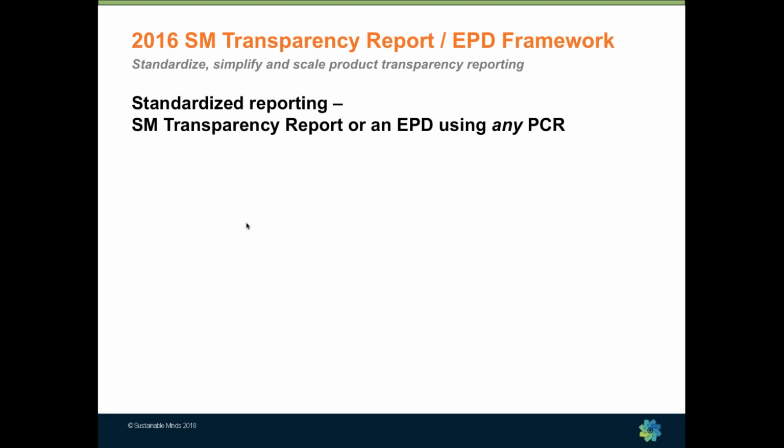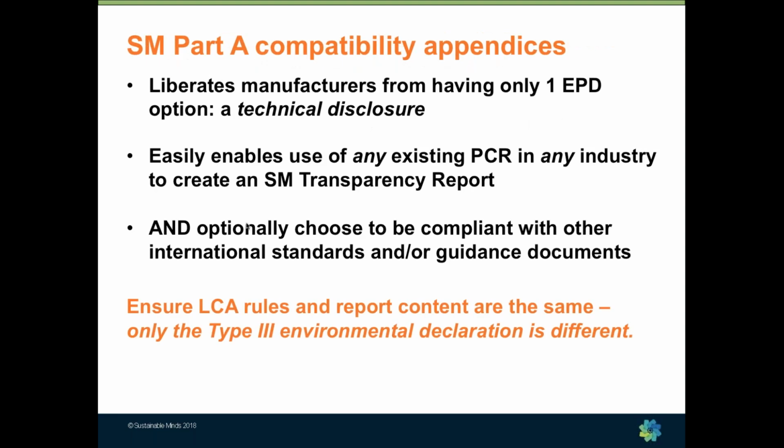So what we did was we created this idea of a compatibility appendix. What a compatibility appendix does is it, again, liberates manufacturers from having only one option for an EPD, and it enables us to use any existing PCR to create a transparency report, and for the manufacturer to optionally choose to be 100% compliant with other international standards, and to ensure that the LCA rules and the report content are the same as any other EPD, only the format is different.